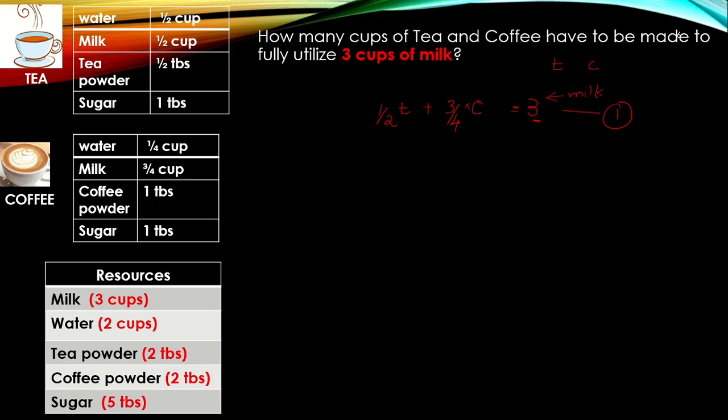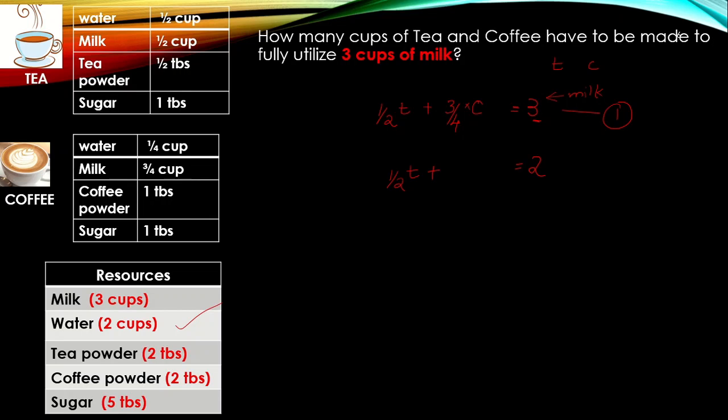Similarly, I can write equations for other resources also. For example, I will write one more example for water. I have 2 cups of water with me, so on the right hand side I have written 2. Check for 1 cup of tea how much water I require: half cup of water, times the cups of tea I am going to make.